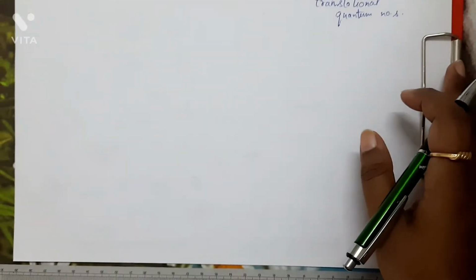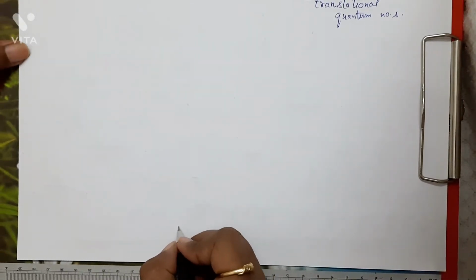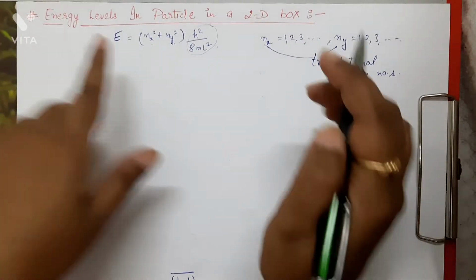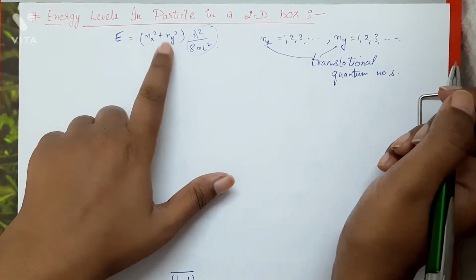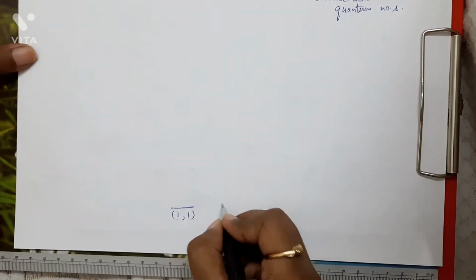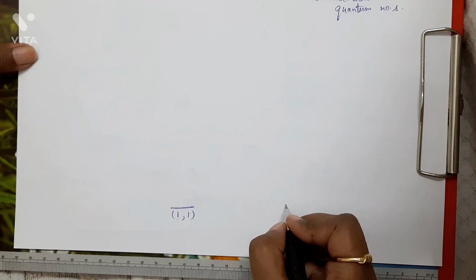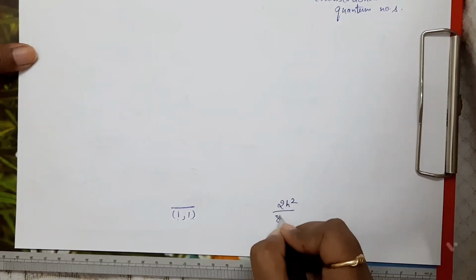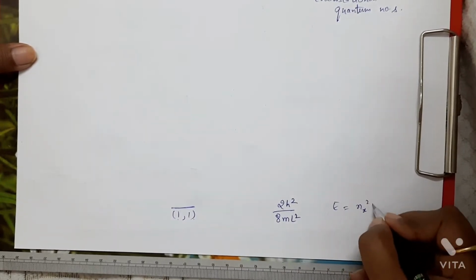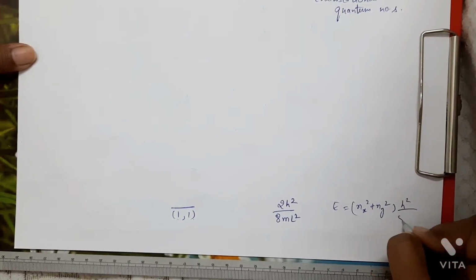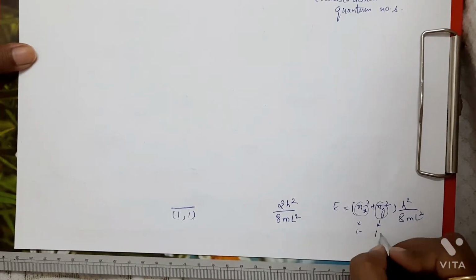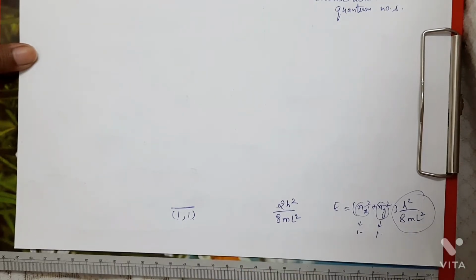So for 1 comma 1, you will get the energy value of 2h square by 8 m l square, because nx is 1 and ny is also 1, so 1 plus 1 is 2, into h square by 8 m l square.